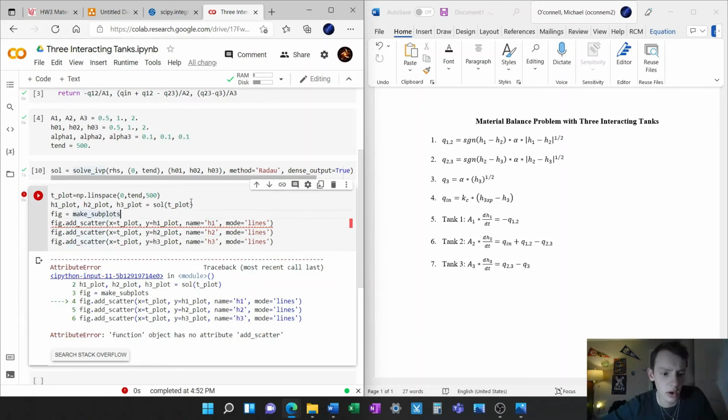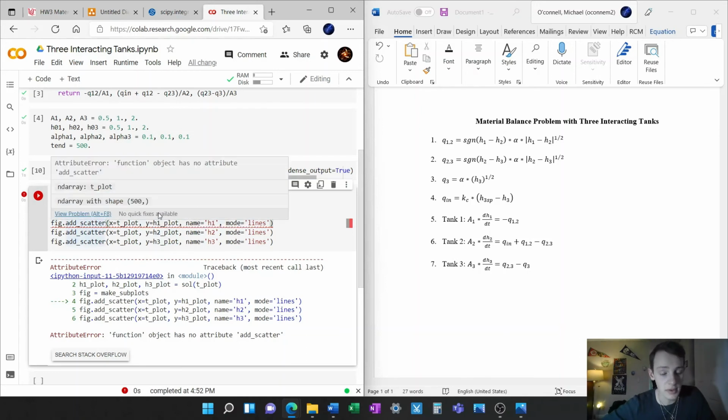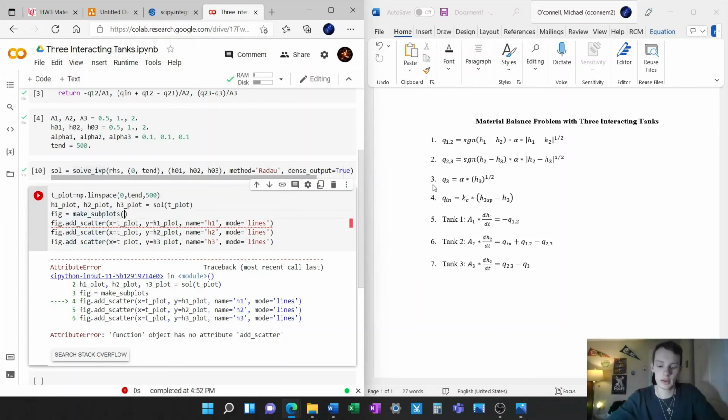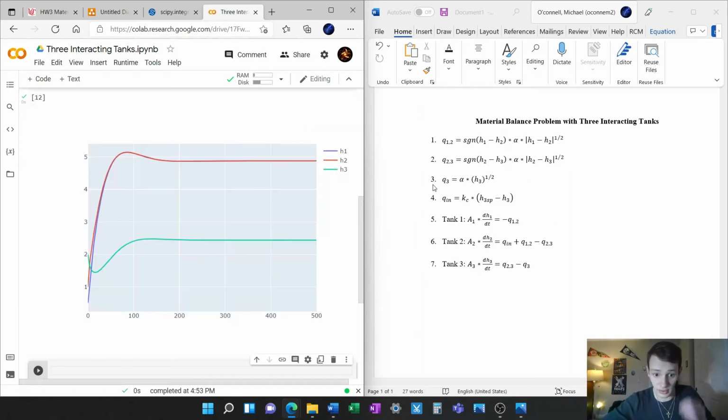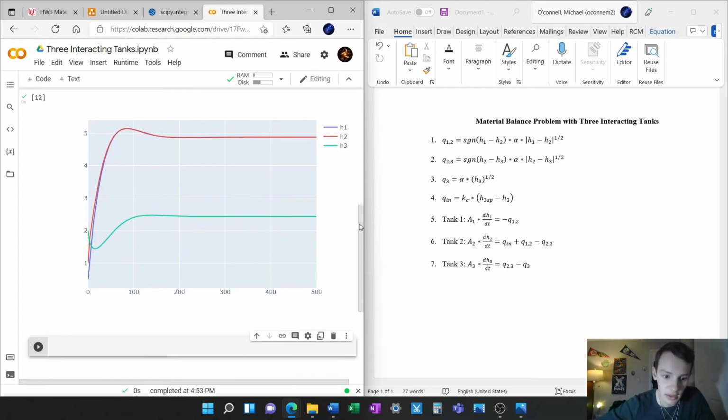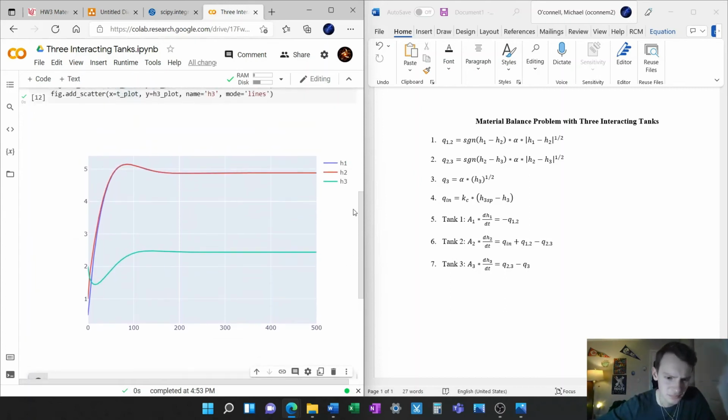Alright, so what did I do wrong here? To me, it says there's no function. Well, the function I'm using is make subplots. And they're correct. There is no function, because when you call a function, you need the open parentheses. Let's see how that looks. That's much better. That is much, much better.